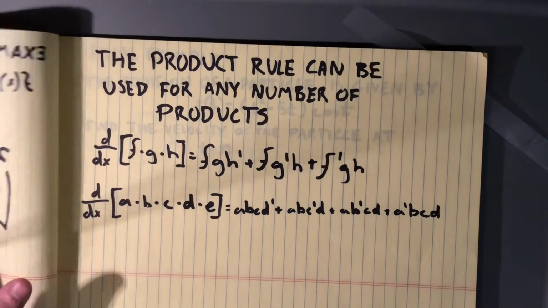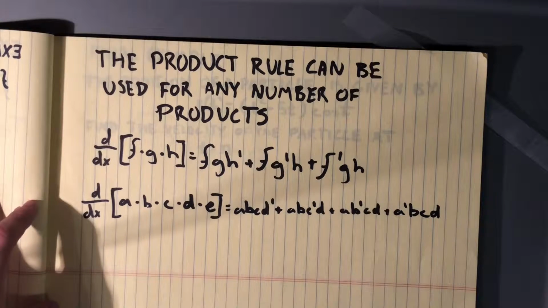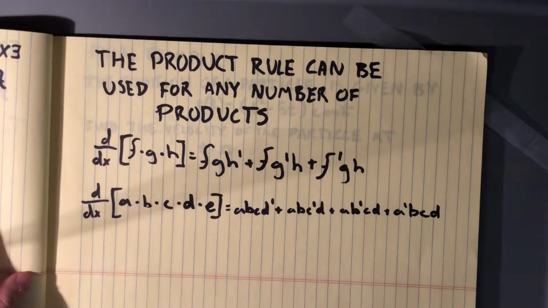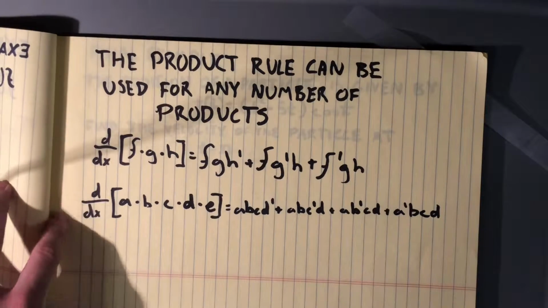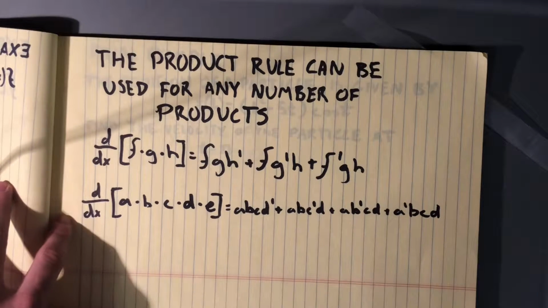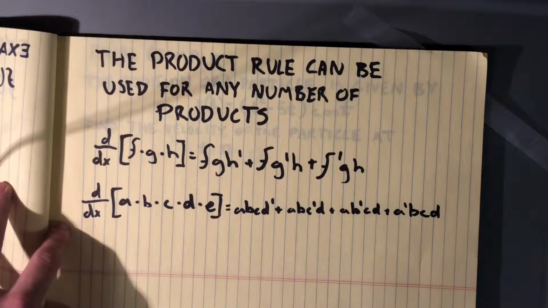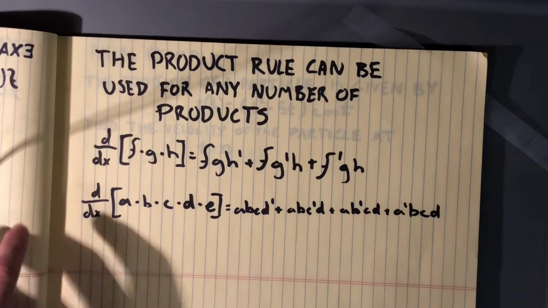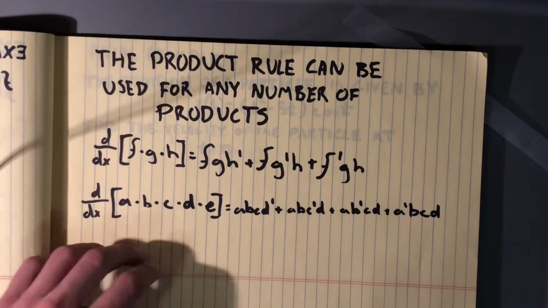All you have to do is the first 2 terms times the derivative of the third, plus the first and the third term times the derivative of the second, plus the derivative of the first term times the last 2. You can do this for any number of products. All you have to make sure is that each term is taking a derivative in one of the things you have to take a sum of.